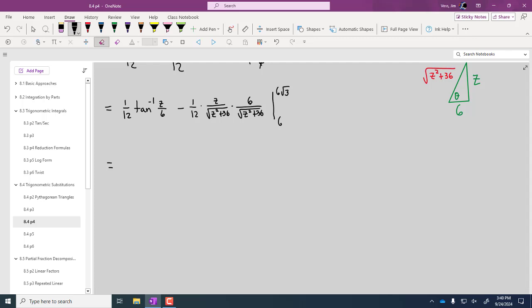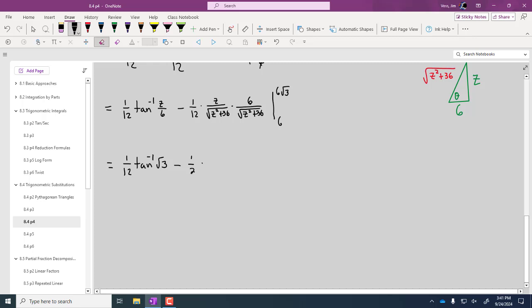Okay. So let's plug in the 6 root 3 first. Now we have to evaluate our inverse trig functions. So plugging in 6 root 3, we're going to have 1/12 arctan of root 3 minus 1/2. Z is 6 root 3, divided by the square root.